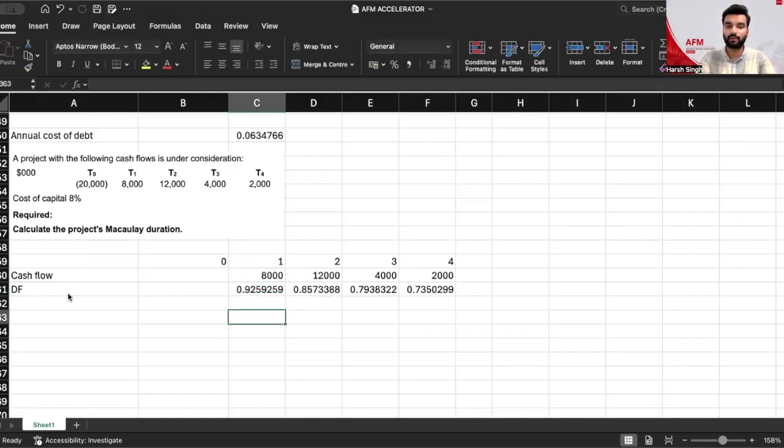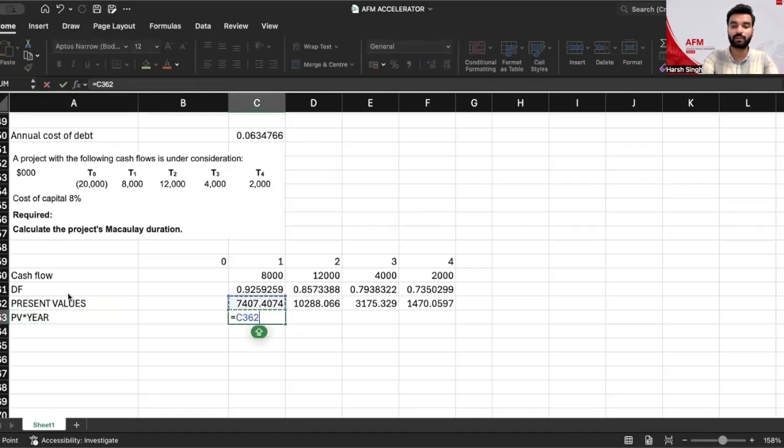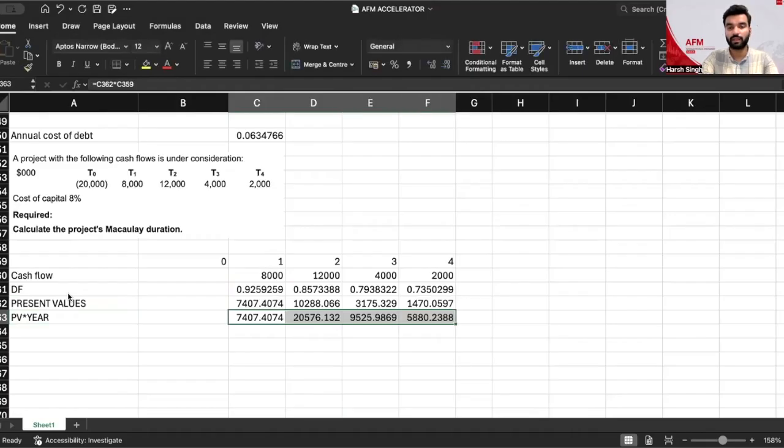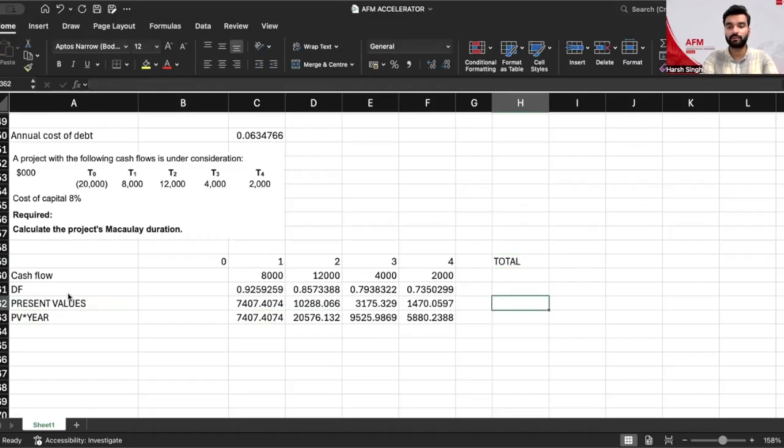Divide all and multiply this into this, which will give me present values, everyone. Now, present value into year will give me this multiplied by this. Correct.